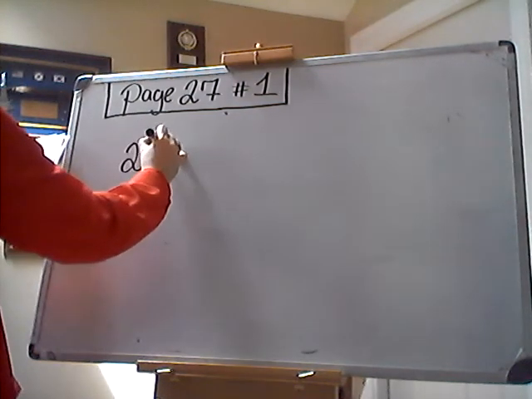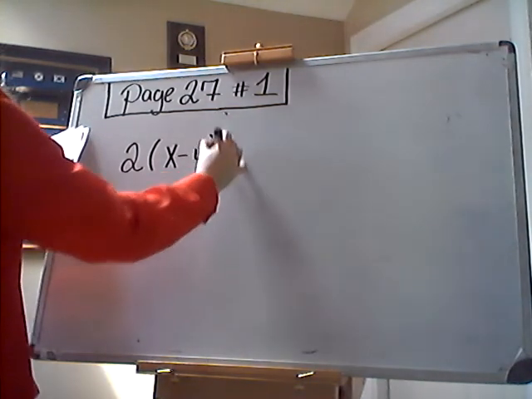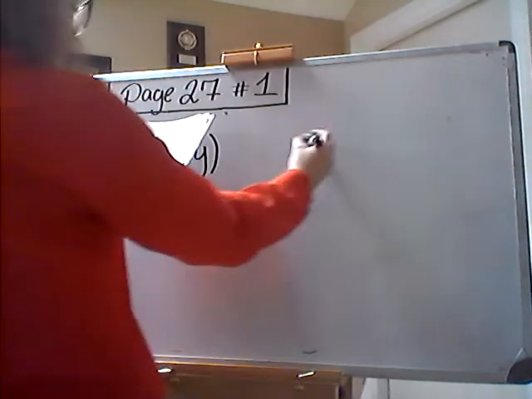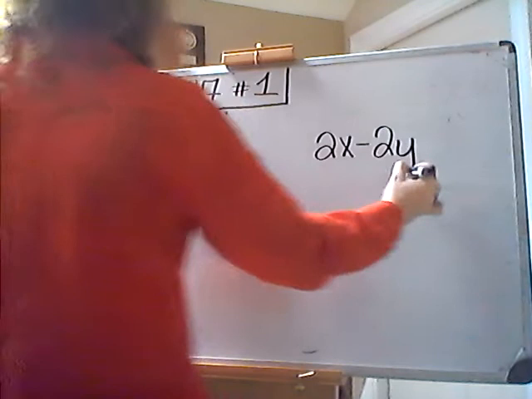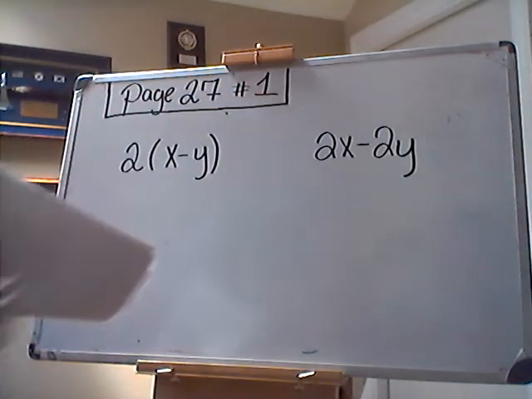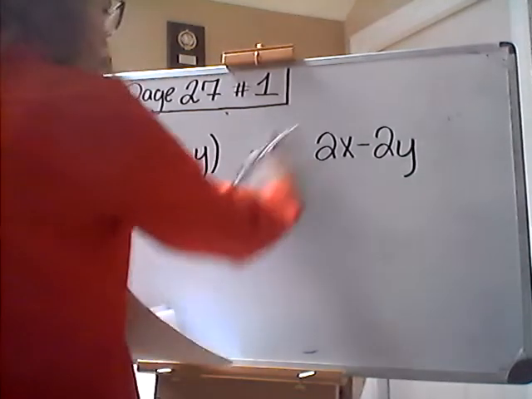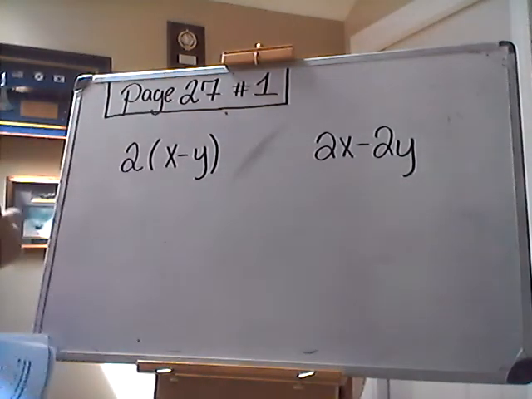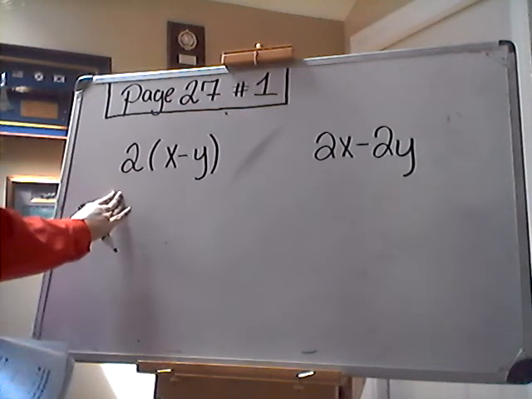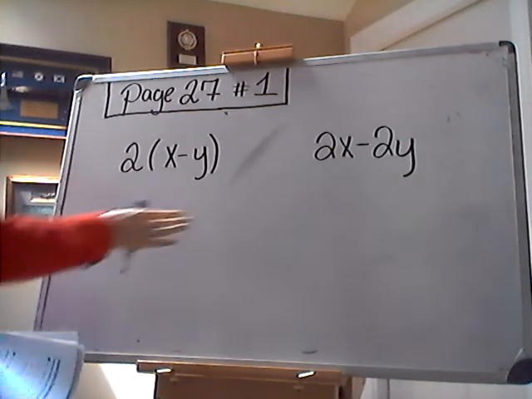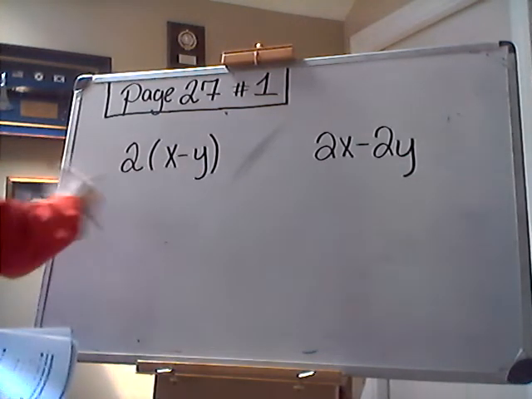The first expression is 2 times x minus y. The second expression is 2x minus 2y. We want to figure out if these are equal to each other or not. I see that I could apply the distributive property because it's a group being multiplied by an outside number.